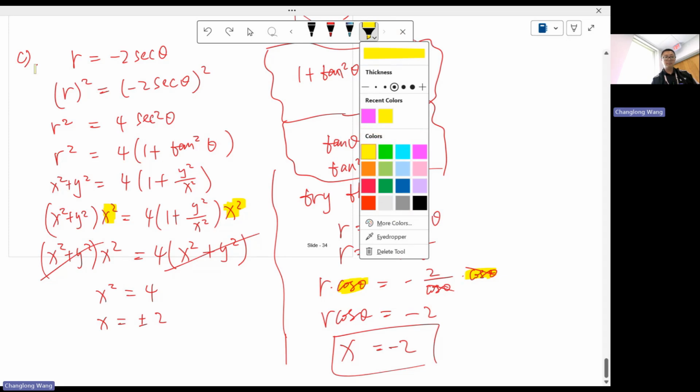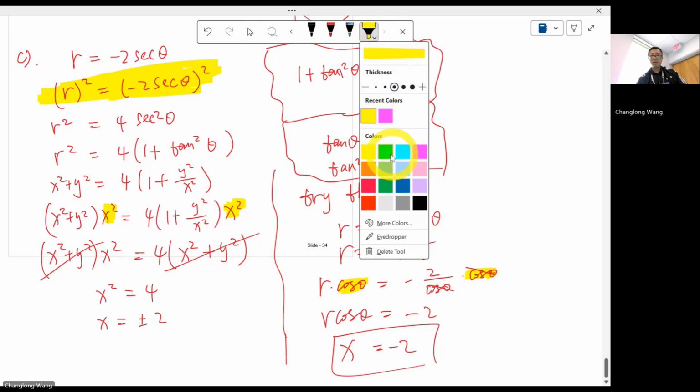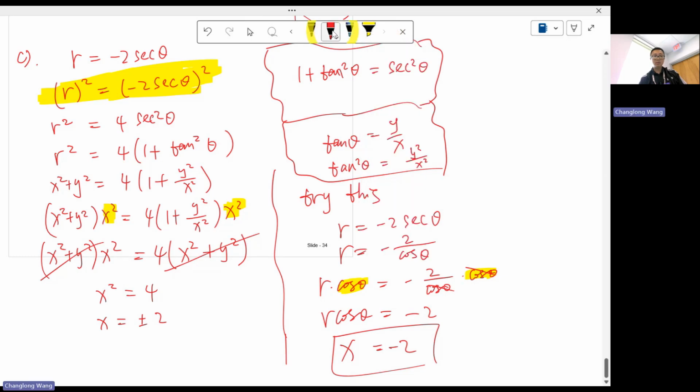Maybe it's still yellow. And I'll put a big question mark. Would there be any problem if you just simply square both sides of the equation?